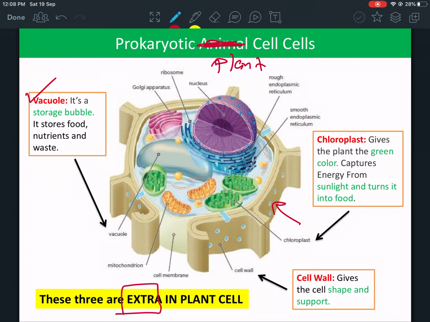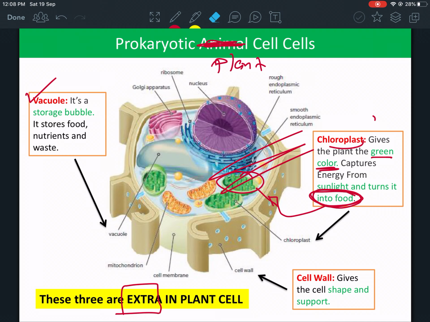Plants make their own food by using water and sunlight. Who makes this food? The chloroplast. So the chloroplast gives them the green color, and it turns energy from sunlight into food. It takes the energy from the sun and the energy from the water, and it turns it into food.